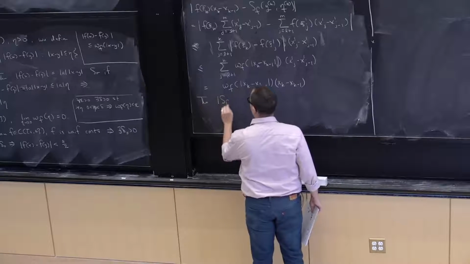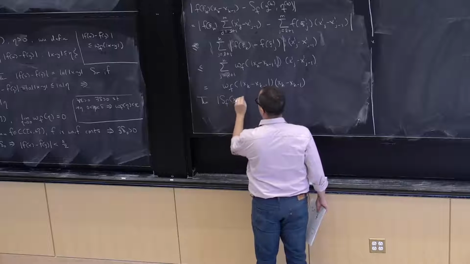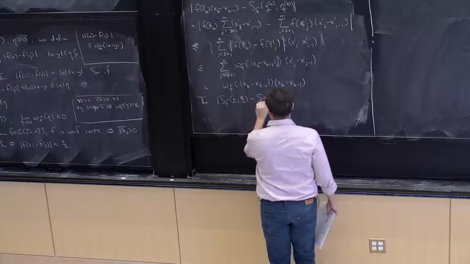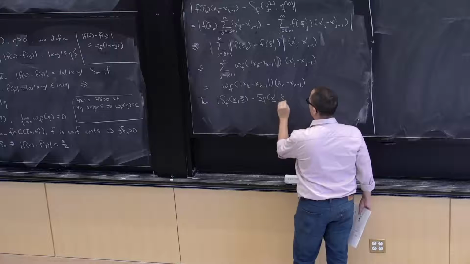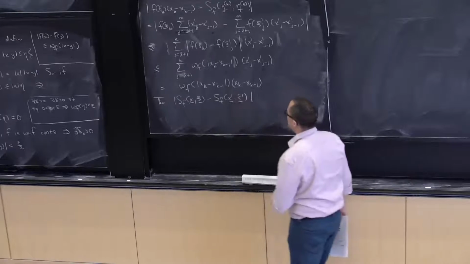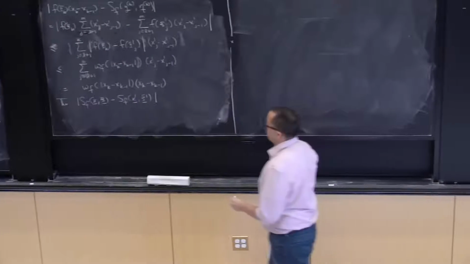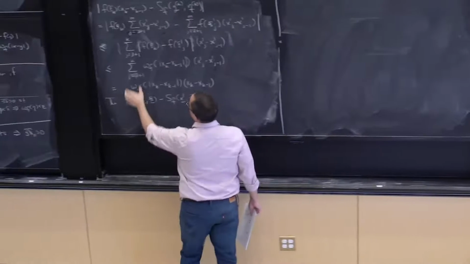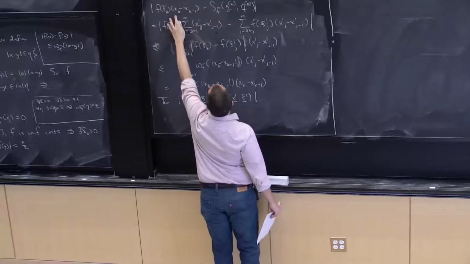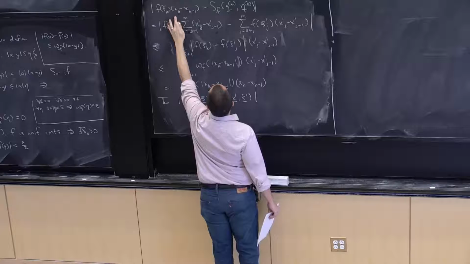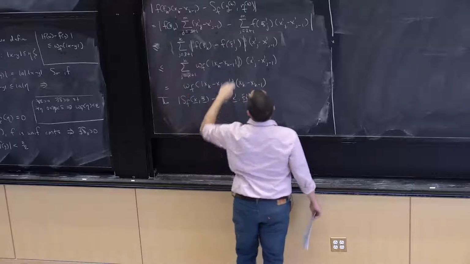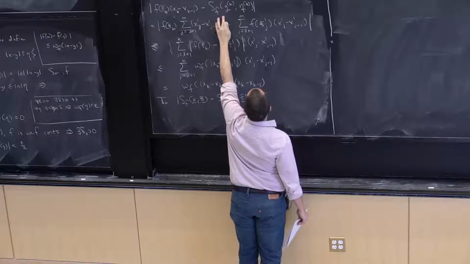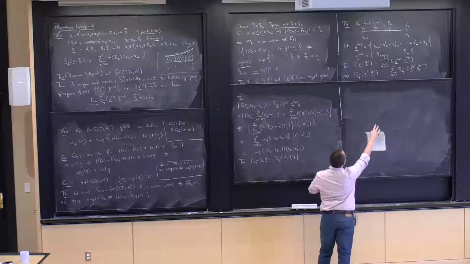Then I look at the difference of the Riemann sums, and like I said, this is equal to the sum of these terms from k equals 1 to n. That's what I wrote up there.